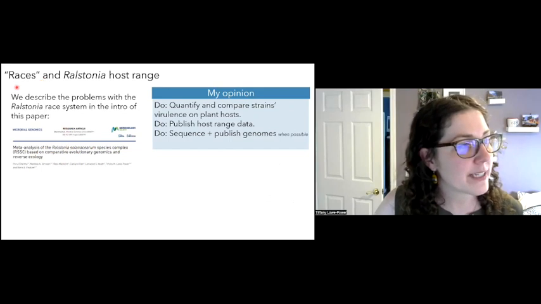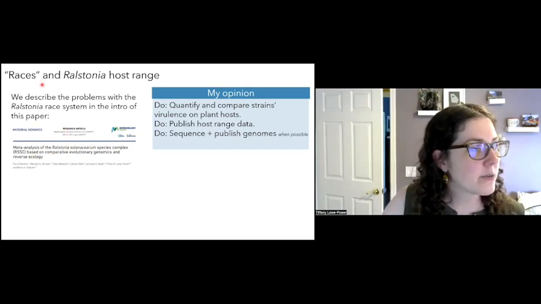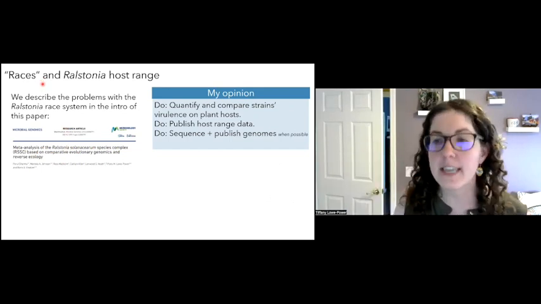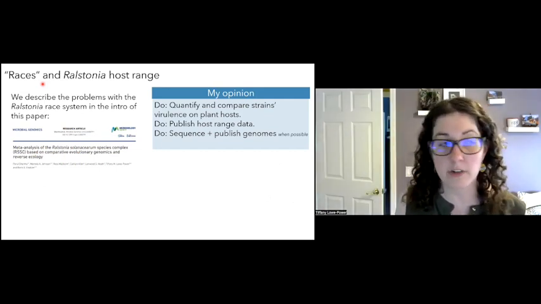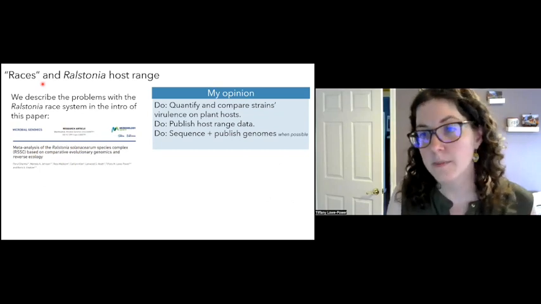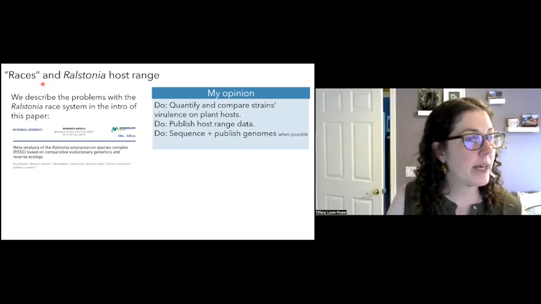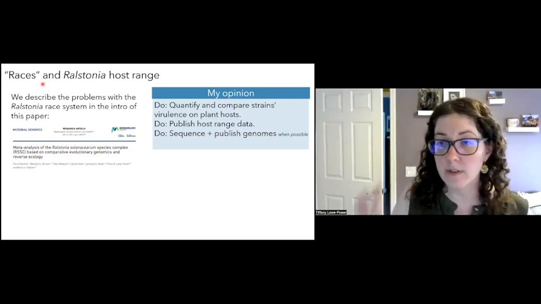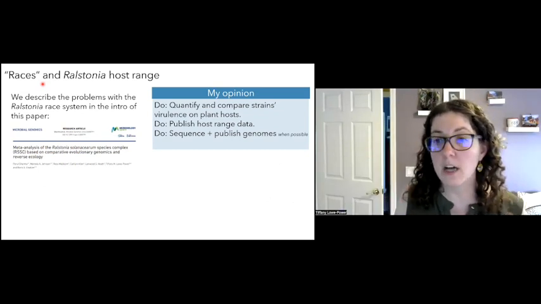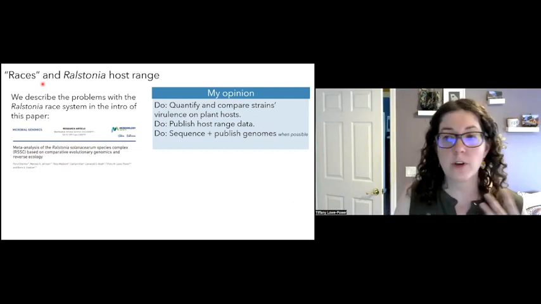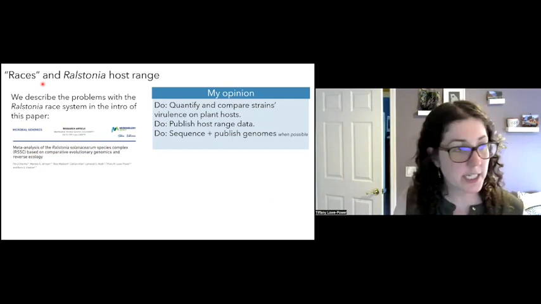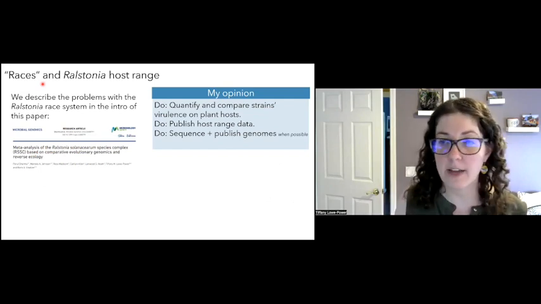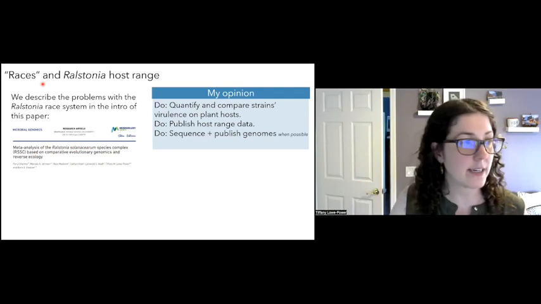I want to start with a historical note. So there was an attempt to establish a classification system based on host range in Ralstonia. This system was proposed in 1962 by Ivan Buddenhagen, and it was a very impressive consolidation of the knowledge that he gained from working around the world, especially with banana plantations, and getting a sense of the strains that he was seeing.